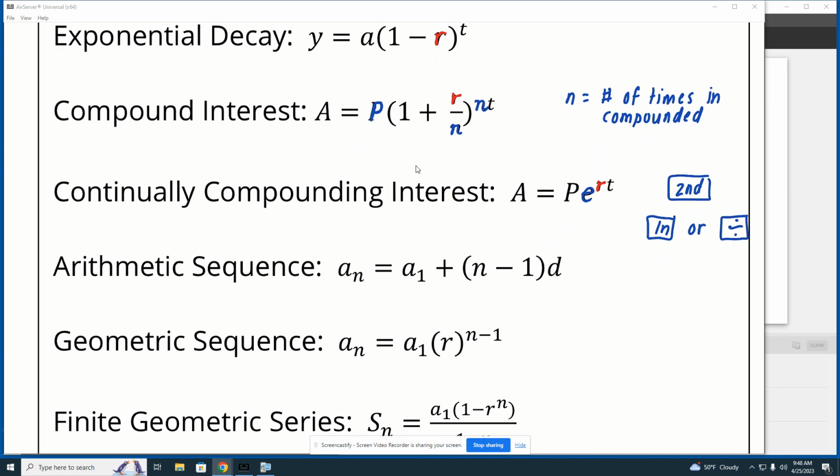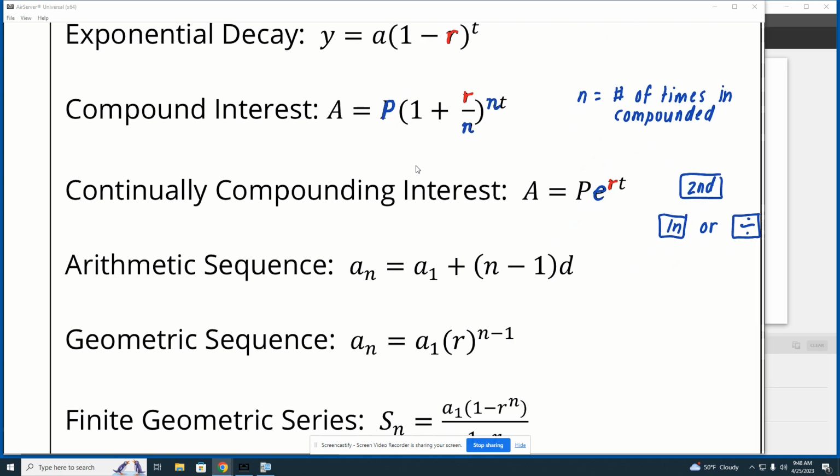Okay, arithmetic sequence and geometric sequence. Please remember how I know when to use either. Arithmetic is all about the variable D, and geometric sequence is all about the variable R. Now, is that R right there the rate? Is that like 3%?